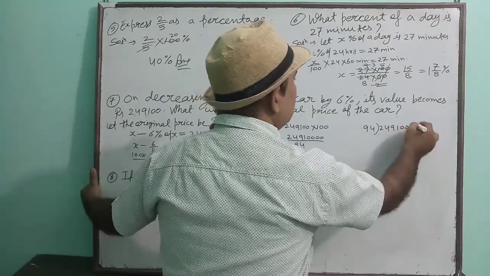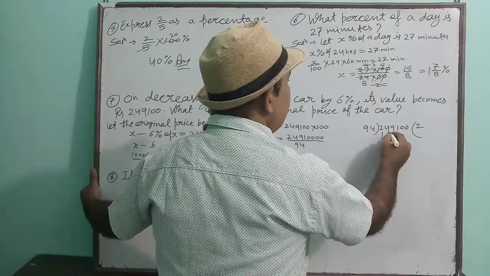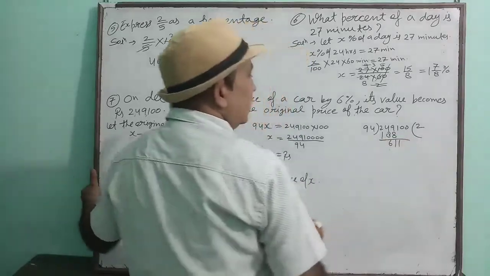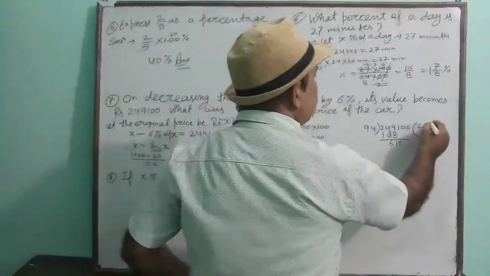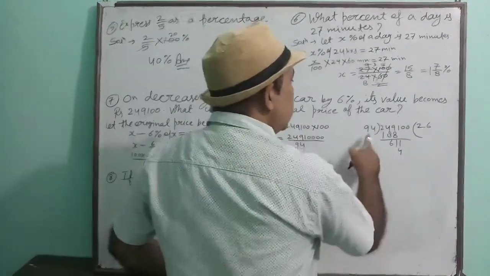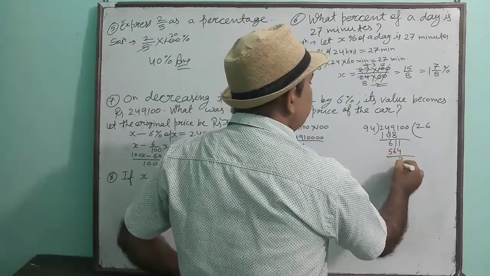See here, take 2 times, 2 4s are 8, 2 9s are 18. Now take 6 times, 6 4s are 24, 2 carry on, 6 9s are 54 plus 2 is 56.